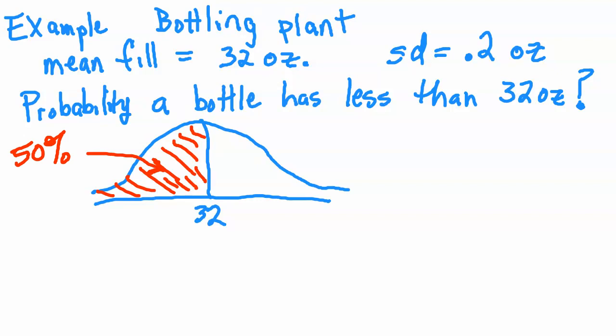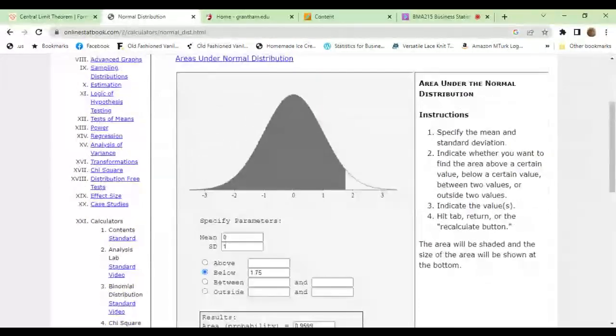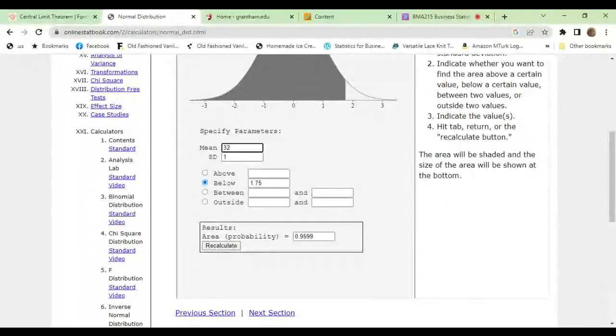But if you want to go to the calculator, remember these two numbers, 32 and 0.2. Instead of the mean being 0 now, it's 32, and we don't need the z-score.